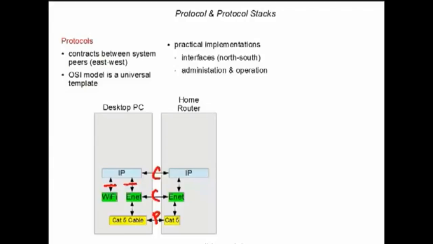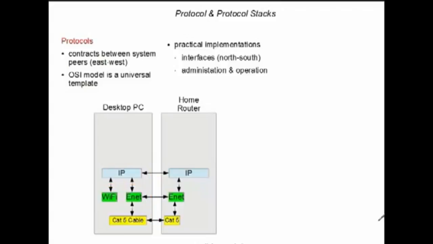The interfaces north and south are not specifically covered in the protocol. They are left for implementation by the system developers. So the company and engineers designing the desktop PC, and actually the ones designing the chipsets that are used in the PC, are responsible for building an internal interface between Ethernet, for example, and IP. Those interfaces are not exposed, and so they can be different for different suppliers and different implementations.